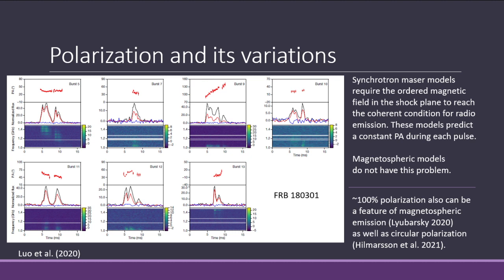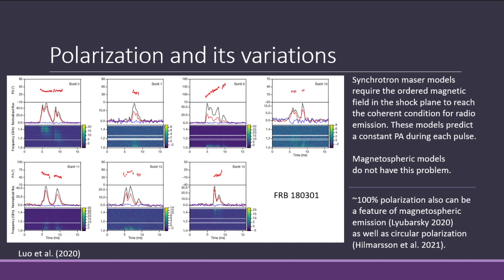And this feature points towards the magnetospheric scenario, because conditions can be different in different parts of the magnetosphere. The star is rotating, you observe different parts of the magnetosphere, and no miracle that different bursts have different properties. If everything is produced in the outer relativistic shock, it is quite difficult to make different bursts looking different.